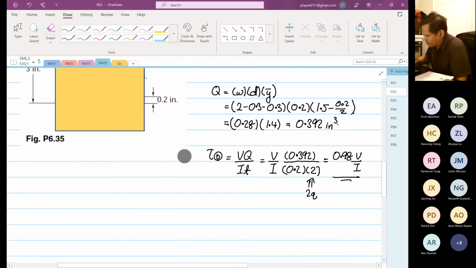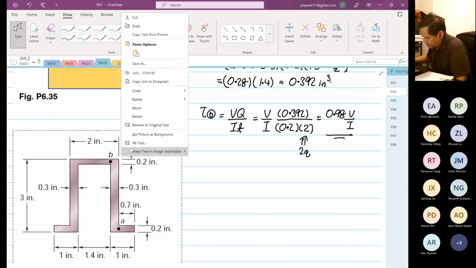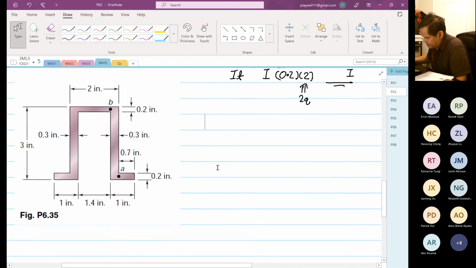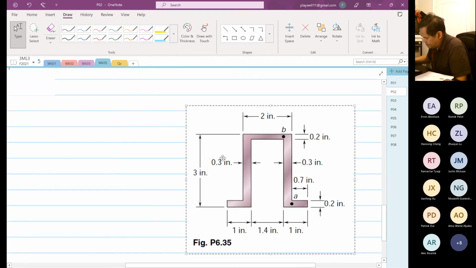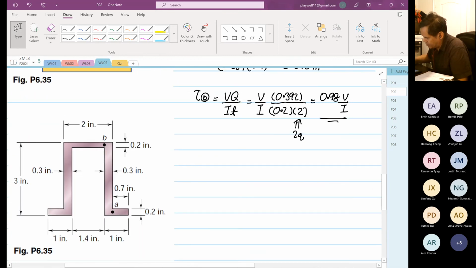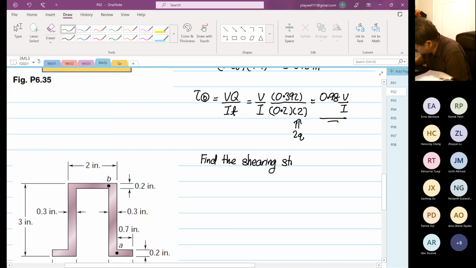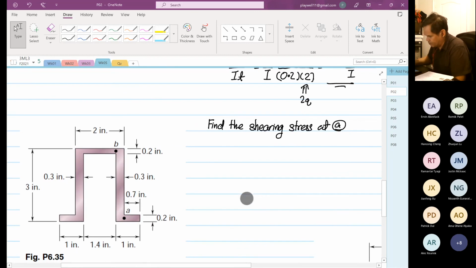Okay, then we go into point A. Next, we want to find the shearing stress at point A.